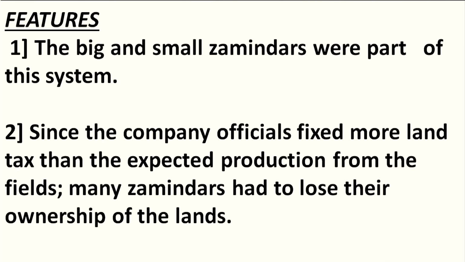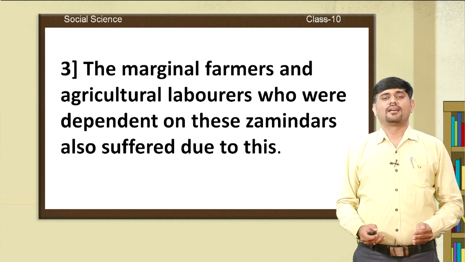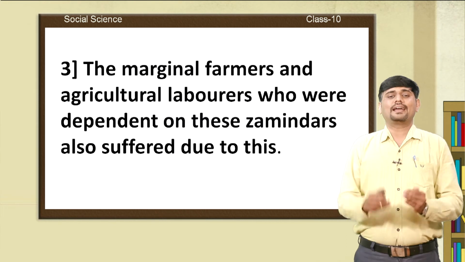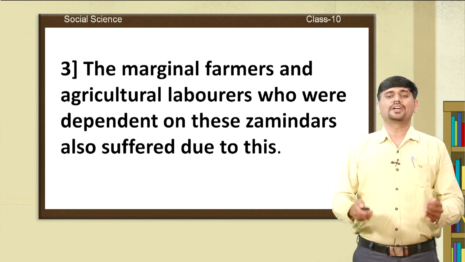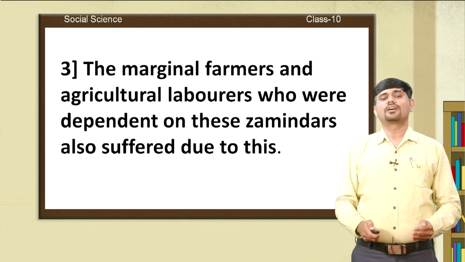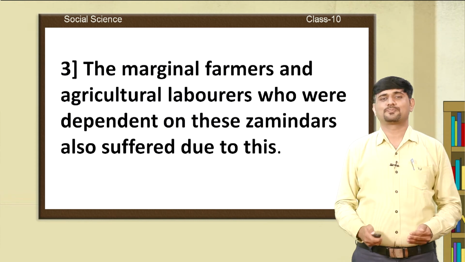Since the Company officials fixed more land tax than the expected production from the fields, many zamindars lost ownership of their lands. The marginal farmers and agricultural laborers who were dependent on these zamindars also suffered due to this.